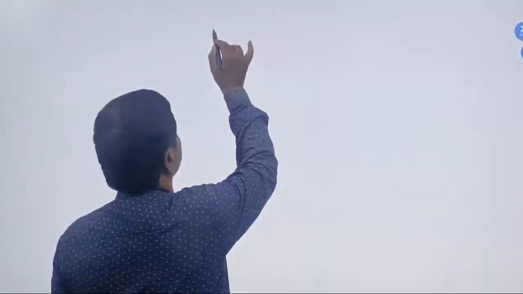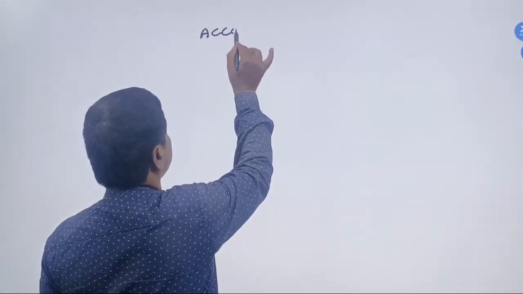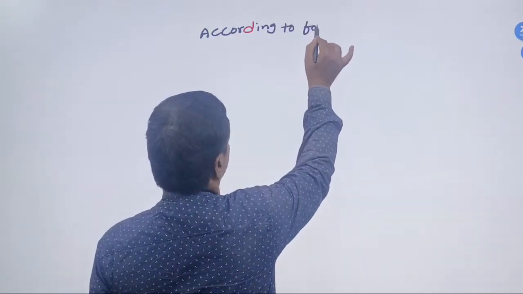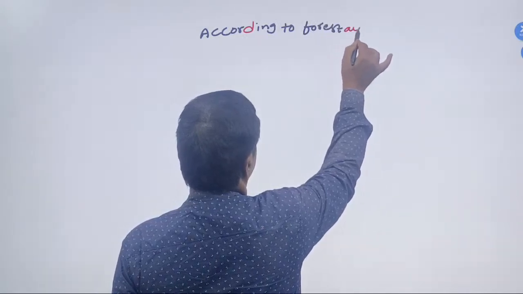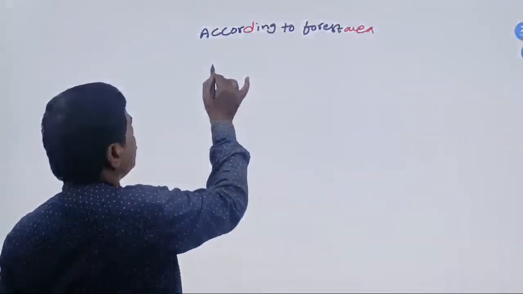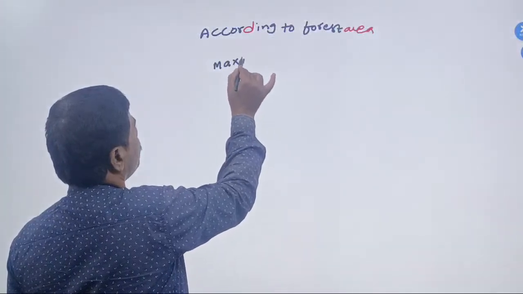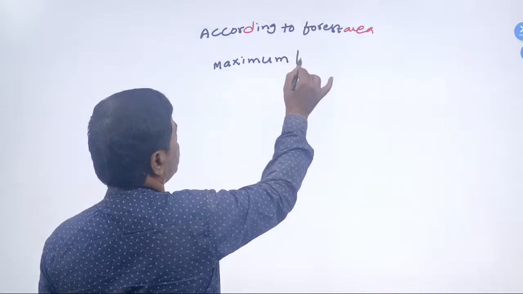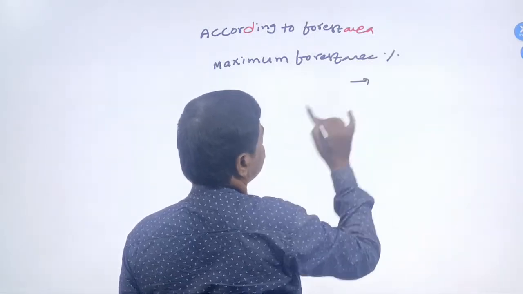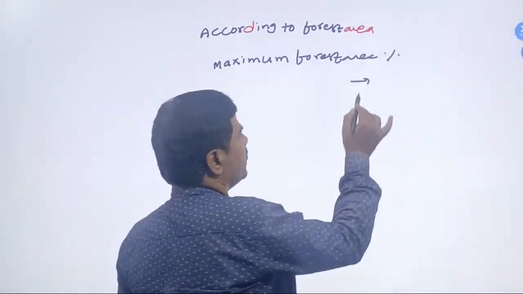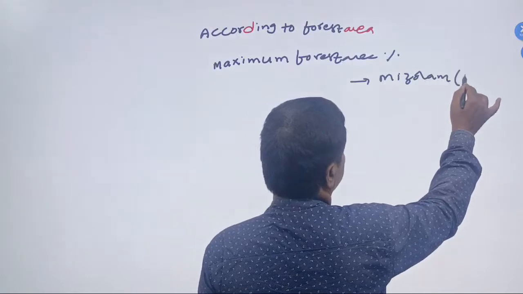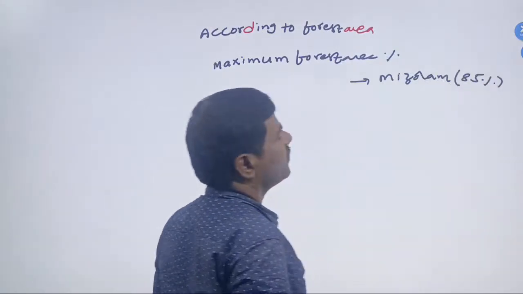Right, now according to forest area in percentage, the state with the maximum forest is Mizoram, which has 85% forest area.